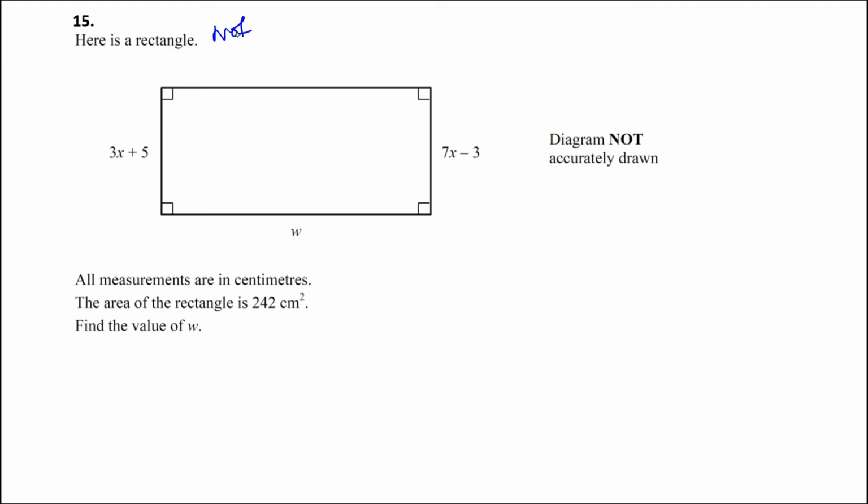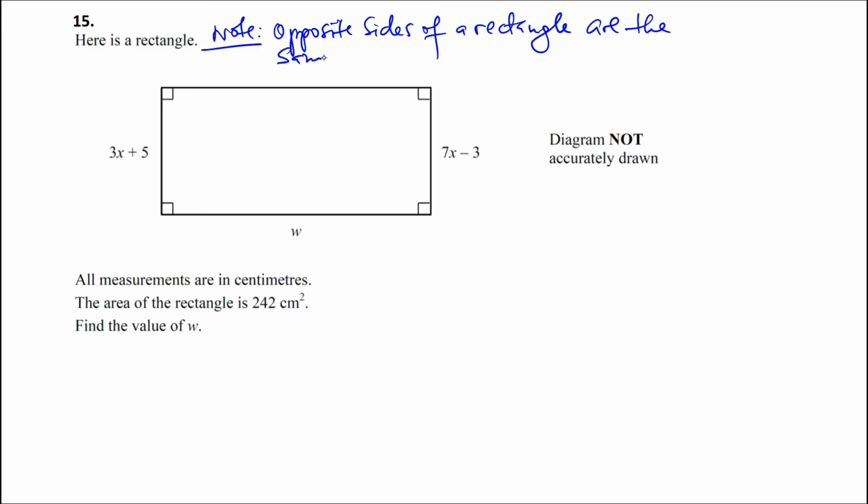So opposite sides of a rectangle are the same length. Okay, so which means that this side and this side have the same length.